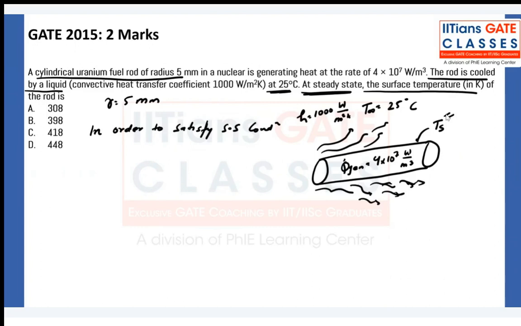The only condition it will happen is when whatever heat is generated will be taken away by the fluid. Because if the fluid is taking less heat, the temperature will increase. If the fluid is taking more heat, the temperature will decrease. So if Q dot generation is equal to Q dot convection, then only you can satisfy steady state.